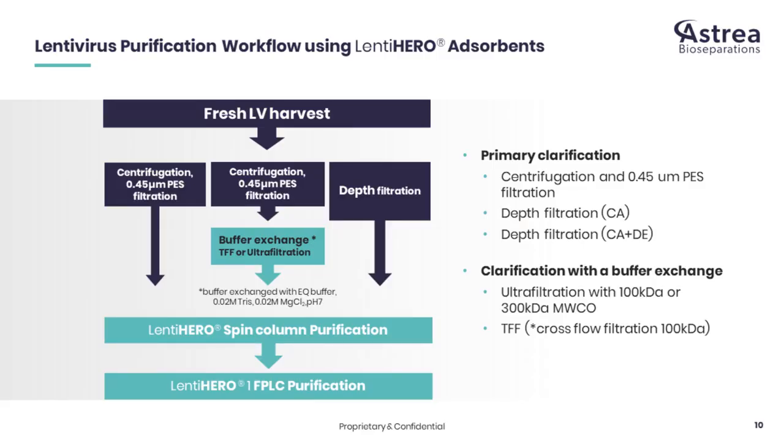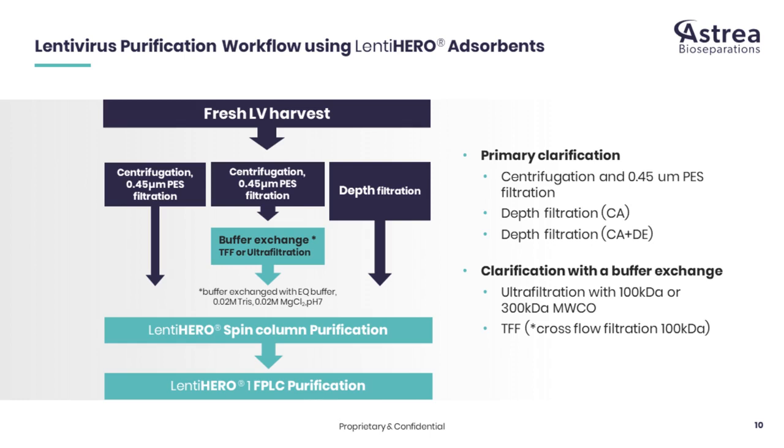This shows our lentiviral purification workflow using the nanofiber Lentihero device. Depending on upstream, we vary the clarification process, which mainly consists of primary clarification with or without buffer exchange. This can be performed by TFF or ultrafiltration.